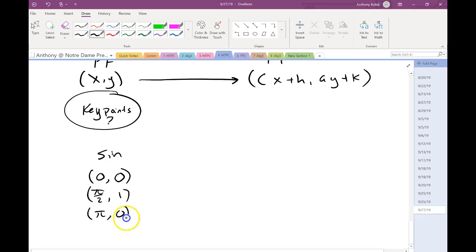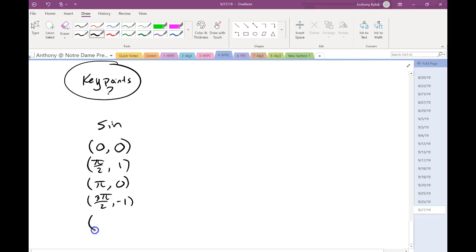At 180 degrees, sine is 0. At 270 degrees, sine is negative 1. And at 360 degrees, sine is 0 again. Cosine, at 0 degrees, cosine is 1. At 90 degrees, cosine is 0. At pi, cosine is negative 1.